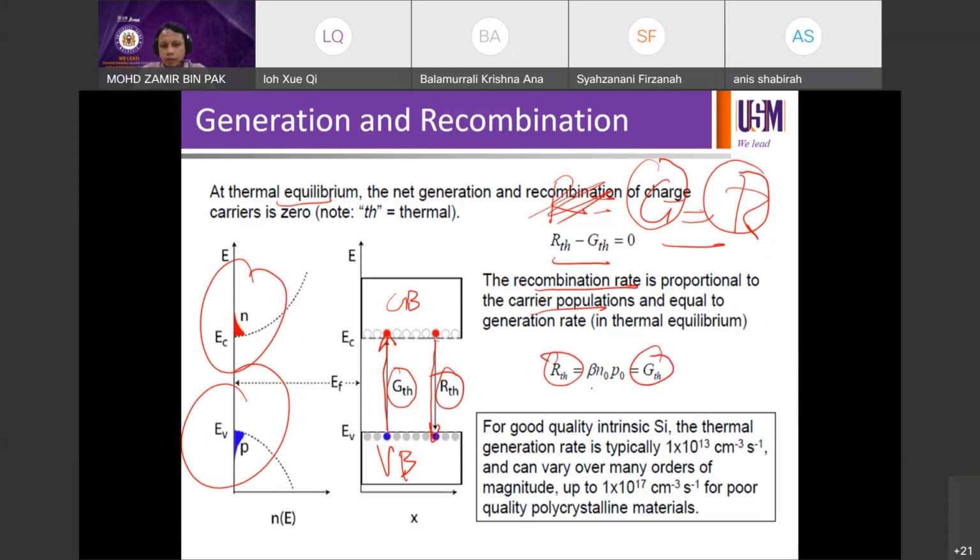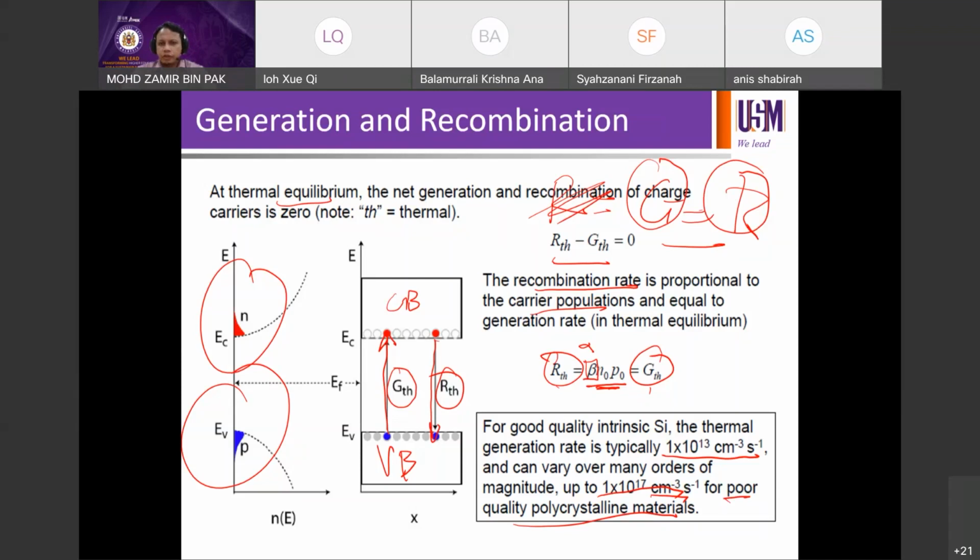And R can also be calculated by using this equation: beta times n naught times p naught. Which means your recombination and generation are proportional to n naught and p naught, and this beta is only a constant in front, right? For good quality intrinsic silicon, the thermal generation rate is typically around 10^13 per cubic centimeter per second, and can vary over many orders of magnitude up to 10^17 per cubic centimeter per second for poor quality polycrystalline materials, right?